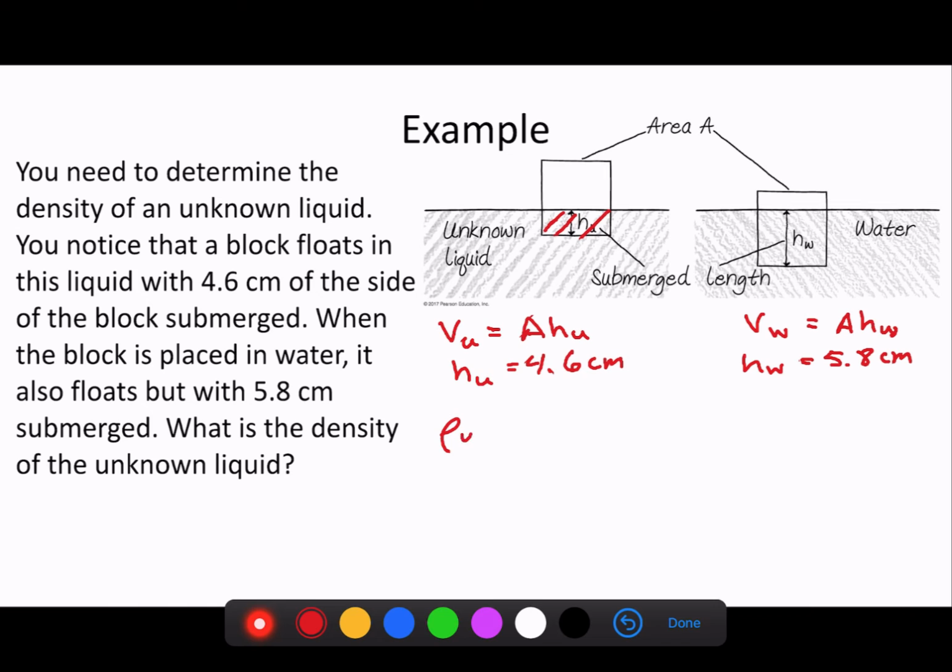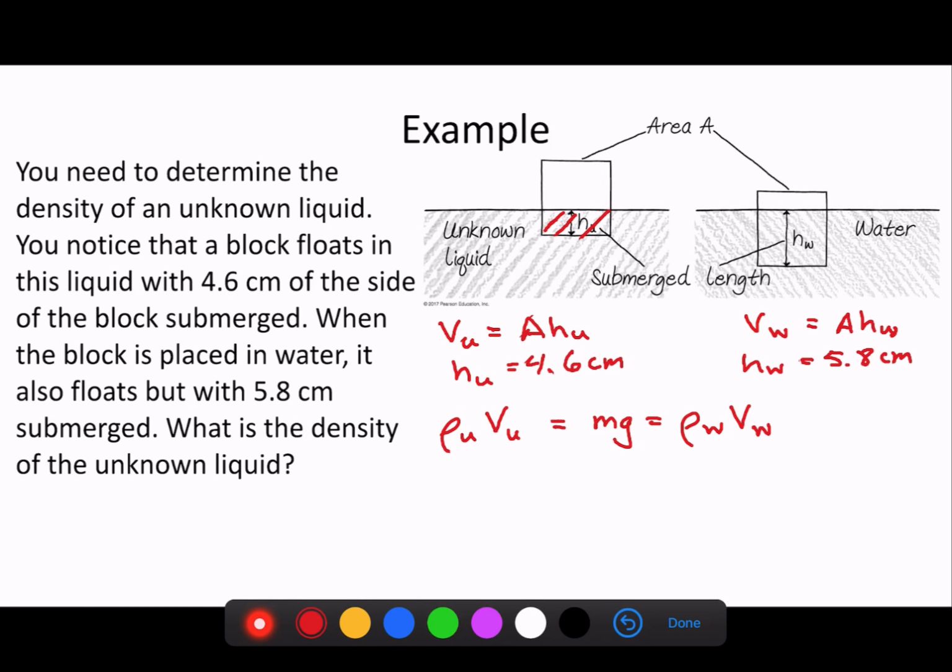So our density of the unknown liquid times the volume of the block inside the unknown liquid, which is the same thing as the volume that's displaced, is going to be equal to mg. The density of water times the volume of water that's displaced is also equal to mg, because the block is the same. It hasn't changed. It's still the same block that it was before.